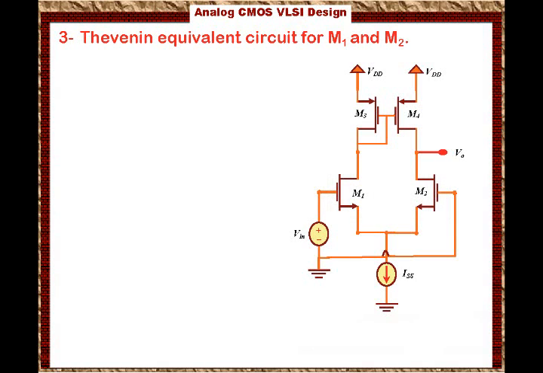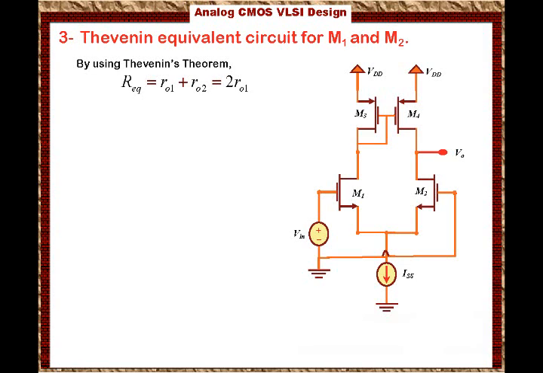That is what we're doing here. Remember, last lecture we came up with the Thevenin equivalent for M1 and M2 when we discussed the differential amplifier. By using Thevenin's theorem, R equivalent for M1 and M2 is the sum of RO1 plus RO2, and because RO1 equals RO2, this is equal to 2 times RO1.